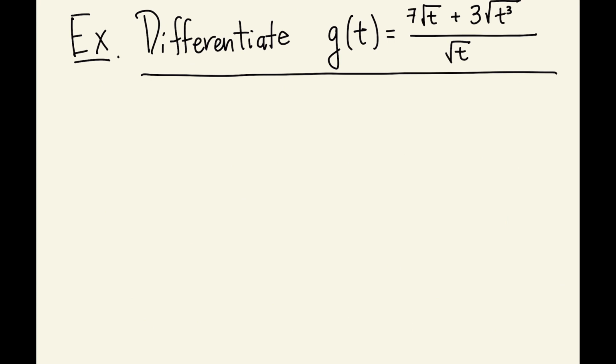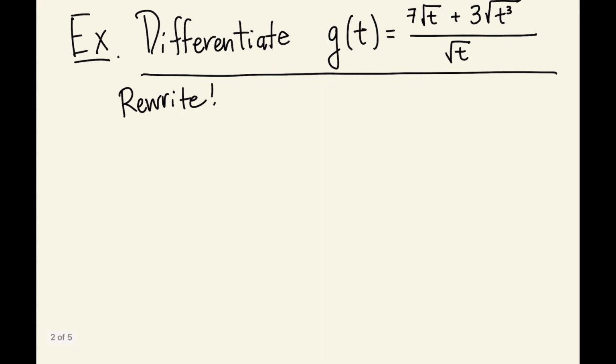So here's a second example. Again, I'm asked to differentiate a function, but none of the basic rules we have so far seem to apply. So I'm going to try once again to rewrite this function into something simpler.